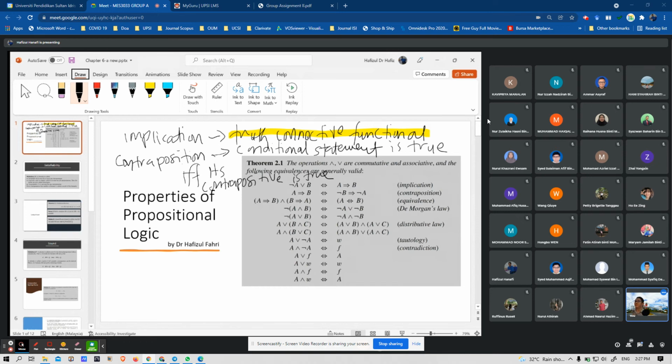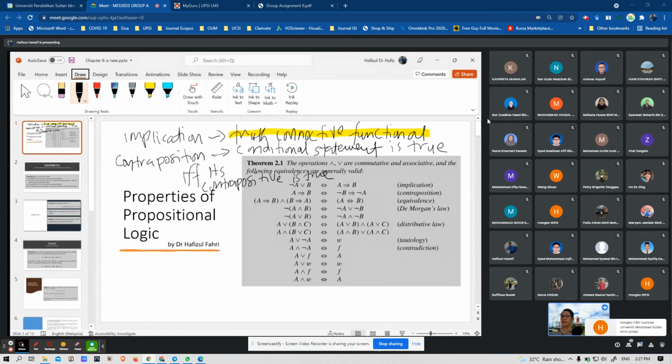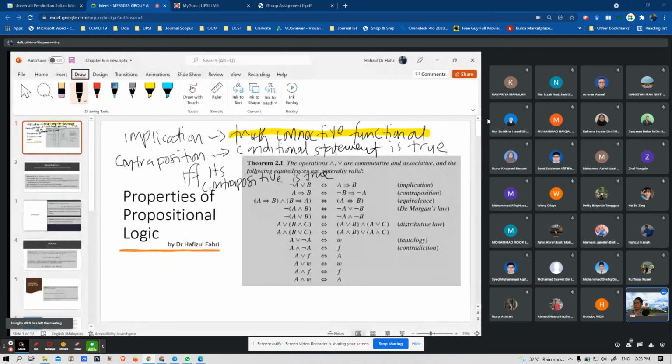Normally when you are using the contrapositive, you add the negation. For example, if it is not raining, then I don't wear my coat. You add the negation. Is it okay? This one you have learned in discrete structure.